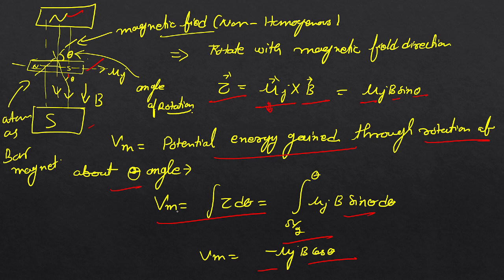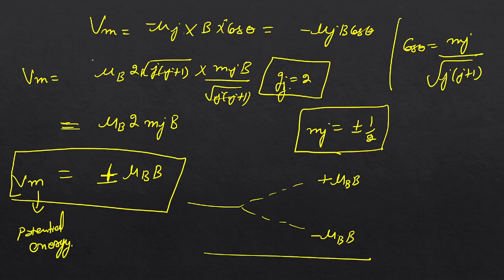So this is the potential energy. Let's move further. Put cos theta equal to mu j into j plus 1. Mu j takes all the values between minus j and plus j.